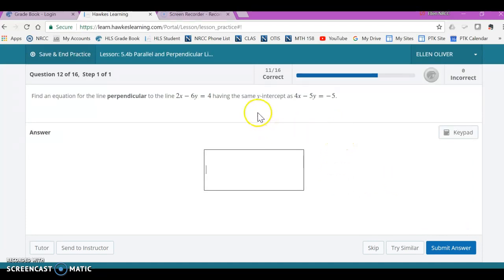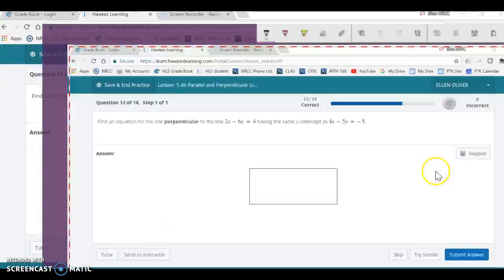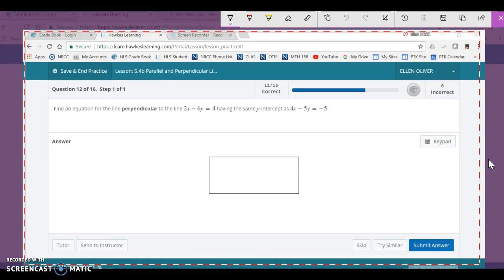We should be fine. So this one, we want perpendicular to this line. So we've got to find the slope of that line and then do the negative reciprocal of it. And then the same y-intercept as this line. So I got to solve for b out of this line. All right, so this is a little bit involved. It has 2 steps. So first I'm going to find the slope of this first line. Whoops, that's a minus.